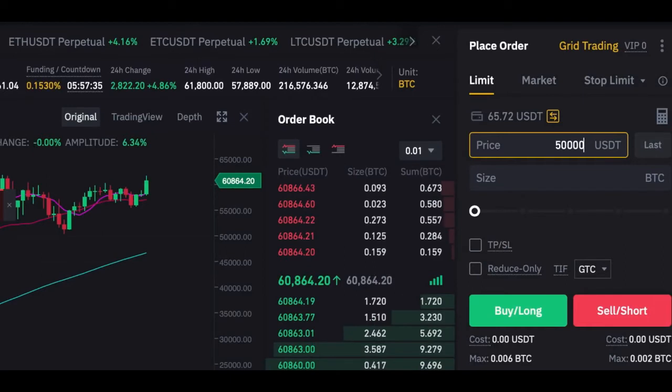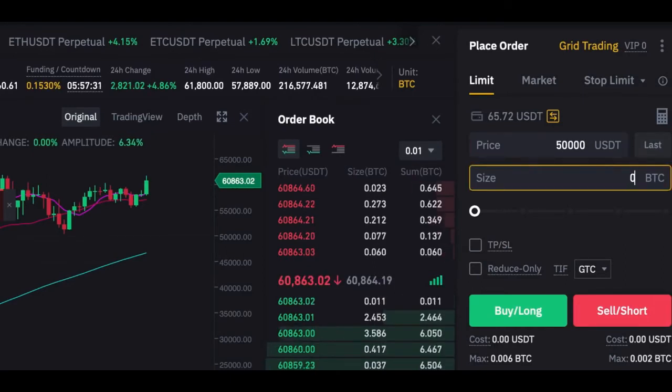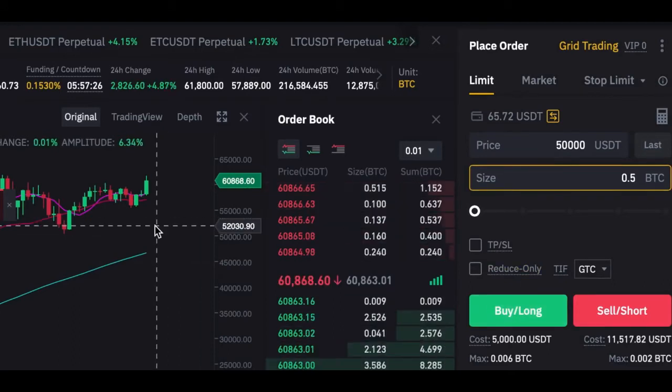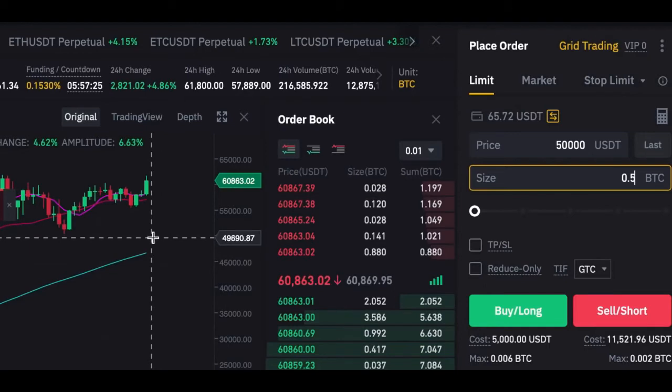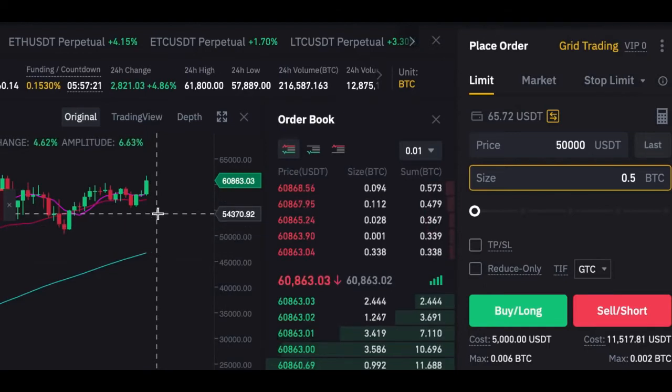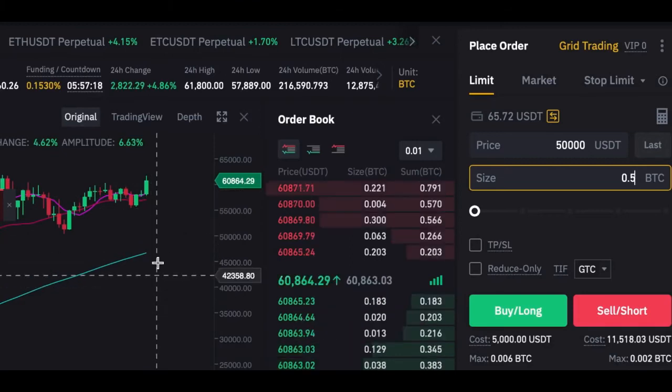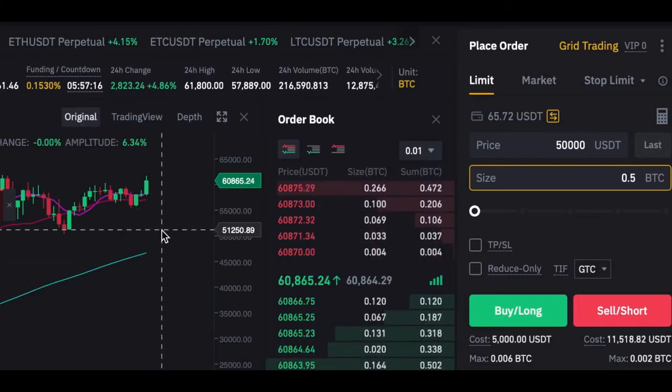So you entered at 60,000 and you want to buy back at 50,000. You can then go and buy. So what that is going to do is place an order right down here at 50,000. Remember that you sold up here at 60 and you have a buy order at 50. If that happens, you will of course pocket the difference.